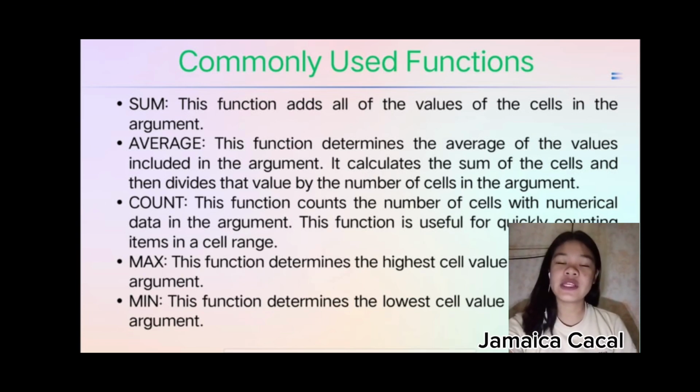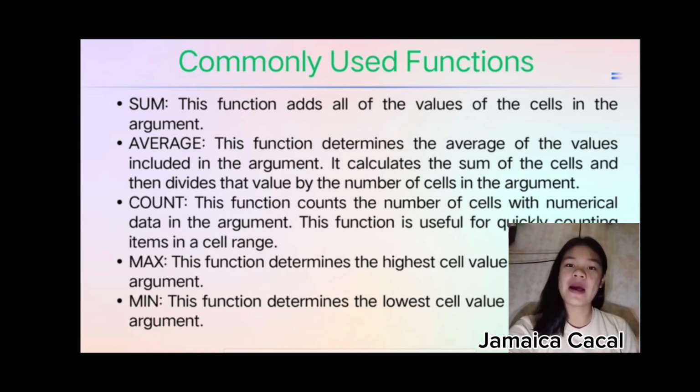Number 3 is COUNT. This function counts the number of cells with numerical data in the argument. This function is useful for quickly counting items in a cell range. Counts the number of cells with numerical values in the range. For example, COUNT C1 to C10 counts how many cells in C1 to C10 contain numbers.